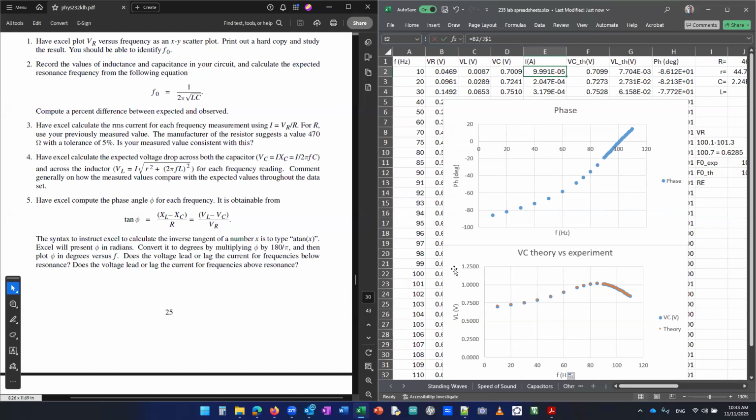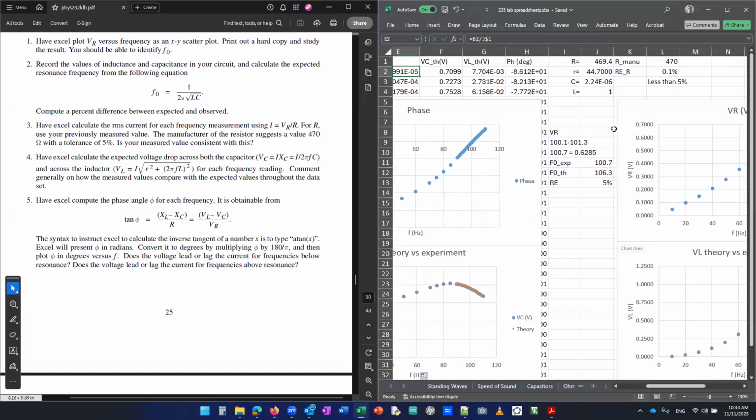So this is calculated. Also look at the manufacturer's value, which is supposed to be 470 ohms with a 5% tolerance. So is your measurement within that tolerance, or consistent with the tolerance? So let's see.